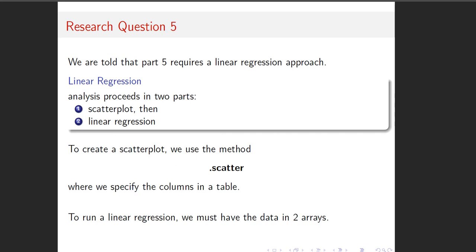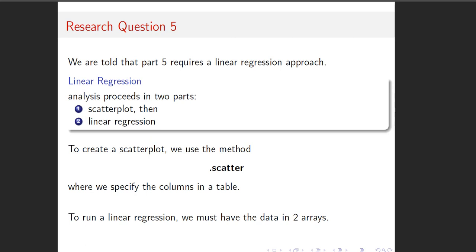Okay, so remember this dot scatter is a table method, and I just put the name of the table in front, and then inside parentheses I put the names of the columns that I want. Okay, and I make sure that when I run the linear regression, I'm doing it with arrays. So tables for the scatter plots and arrays for the linregress, which is the name of the function, stats.linregress.